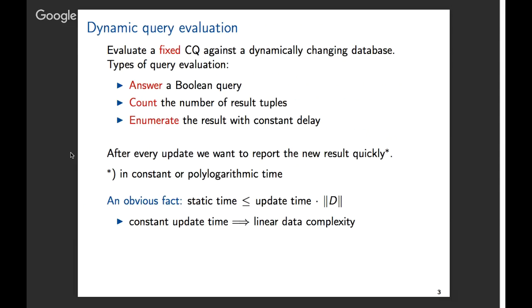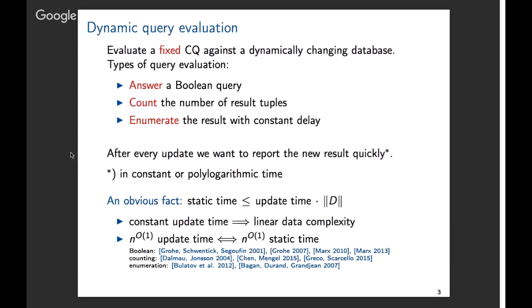So one might argue, why do we have these restrictions? Well, in some sense, constant update time is something nice to have. On the other hand, if we had studied, say, FPT or polynomial update time, this would have been just the same as analyzing the static time of evaluating conjunctive queries, and there is a lot of work that has already done this for Boolean, counting or enumerating conjunctive queries.